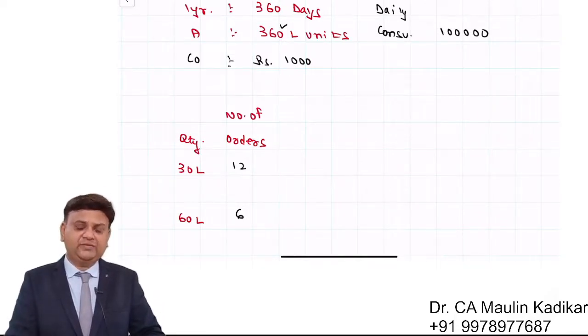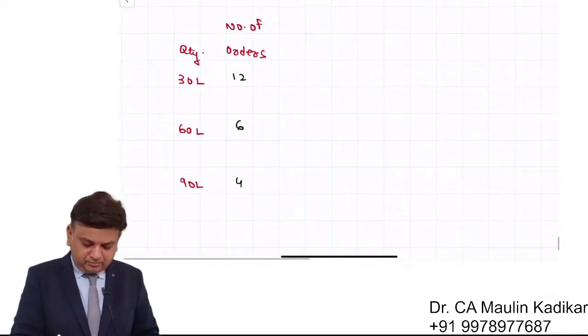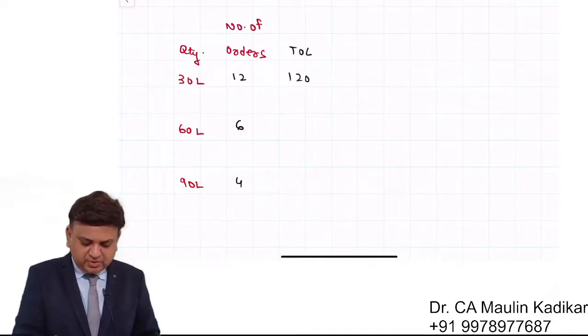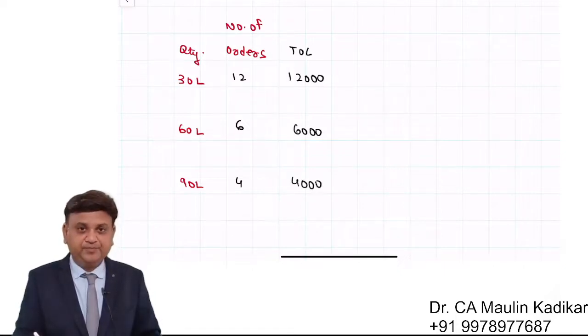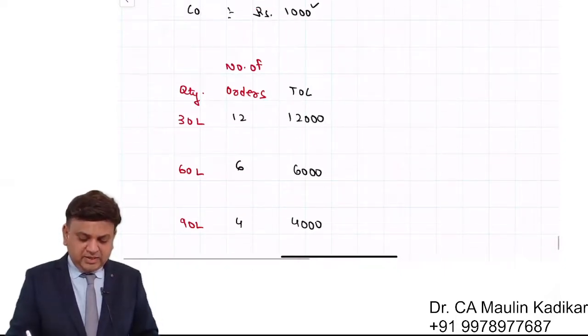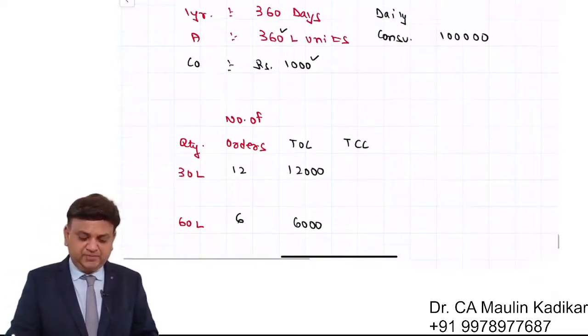For that we have the ordering cost per order, let us say 1000. So the total ordering cost is in the first case 12,000, in the second case 6,000, in the last case 4,000. Okay. Now there is a term associated with that, called total carrying cost.